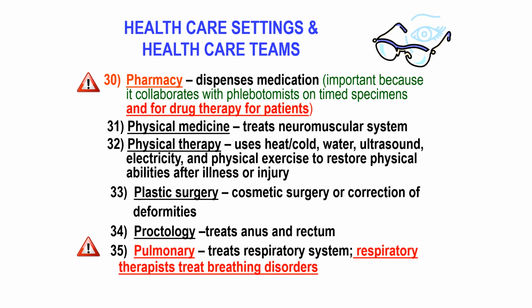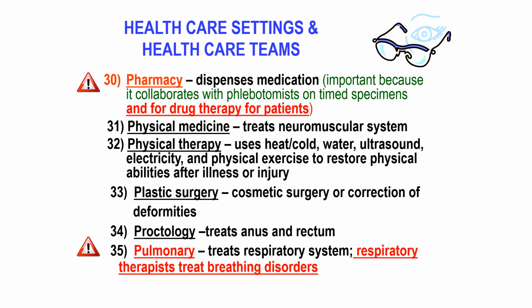Physical medicine treats neuromuscular systems, and then right with that is physical therapy. They use hot and cold, they use water, ultrasound, electricity, physical exercise. There are all these tools for them to use to try to restore physical abilities after either an illness or an injury.